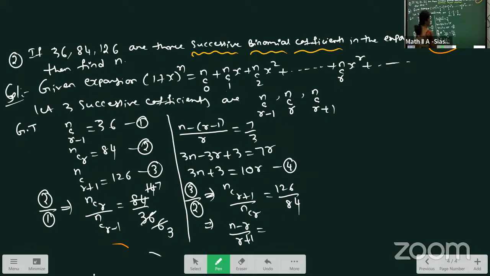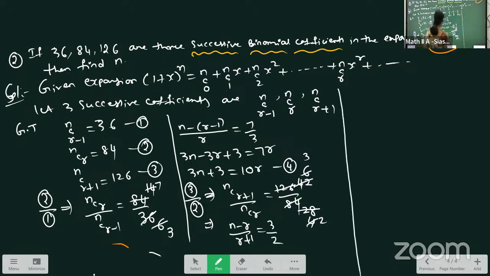Again cancel, we get 3 by 2. Now cross multiply. 2n minus 2r is equal to 3r plus 3.